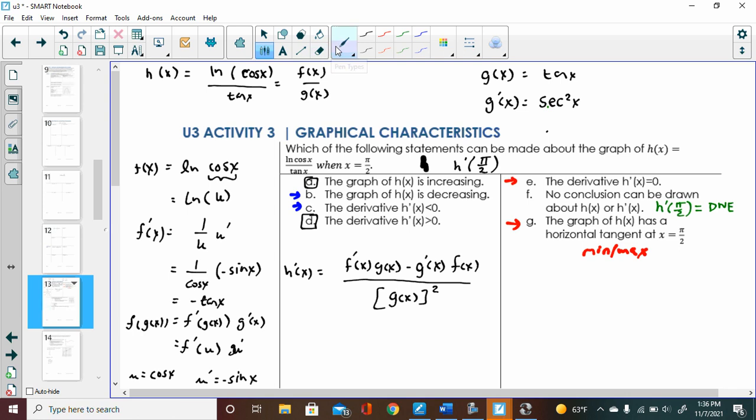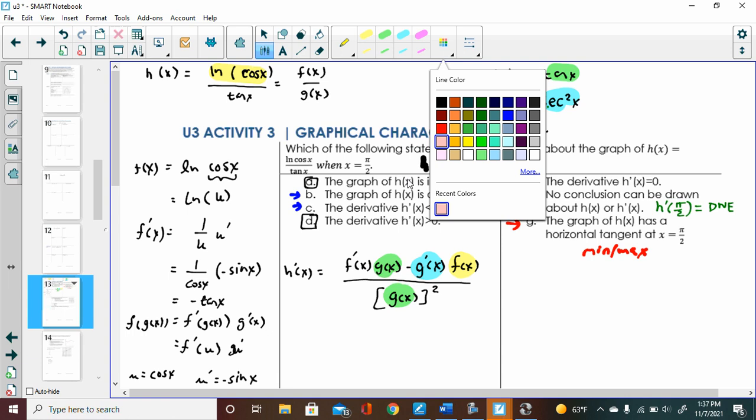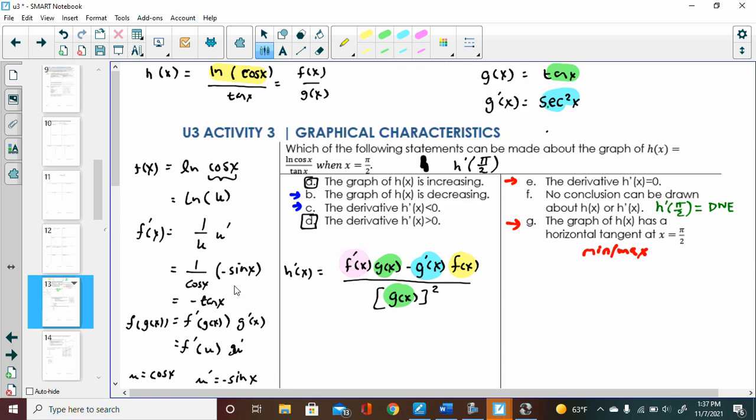We have f of x, which we're going to put here. We have g of x, which we're going to put here and here. And we have g prime of x, which we're going to put here. And lastly, we have f prime of x, which we have right here.